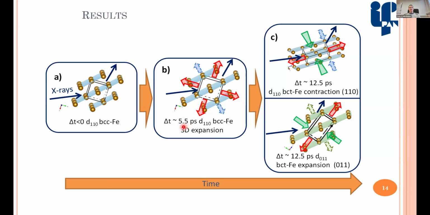First, up to approximately 5.5 picoseconds, we are observing 3D expansion of the unit cell due to heating, and after near 6 picoseconds, the BCT distortion occurs. It is characterized by the appearance of two different interplanar spacings, which gives the splitting of the peak that we see in our experimental results.